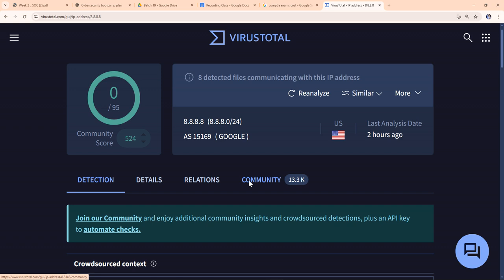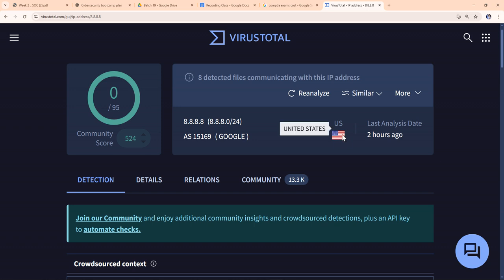And boom, I think we can clarify that Google is clean, right? Check it up on your side too. 8.8.8.8. If you look around, you will see the community score is 0/95.